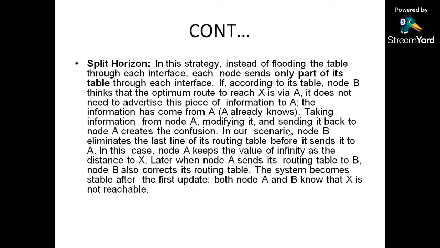Now the system becomes stable after the first update. Both node A and B know that X is not reachable.